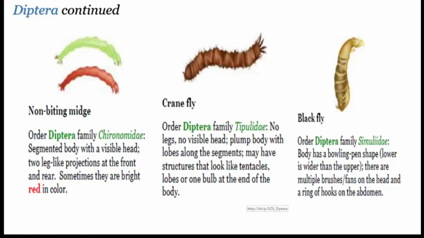Another one that's commonly collected in the dipterans is the black fly. They look like a little bowling pin. The body is wide, the head is small. They have hooks on their abdomen that allow them to maintain themselves in very fast water. And they also use silk, similar to the caddisflies, which I didn't know.